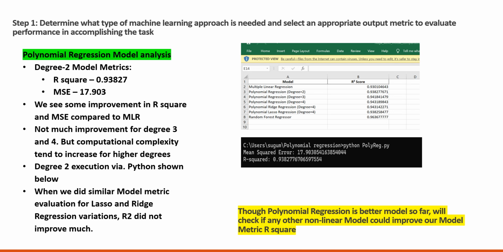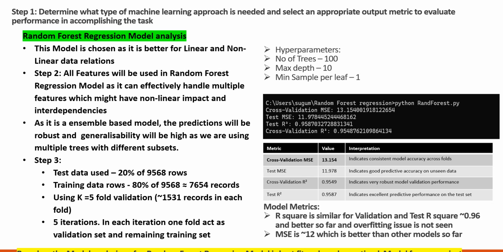If you analyze along those lines, we find that one of the algorithms that can be used suitably for both linear and nonlinear problems would be the random forest regression model. And forecasting problems with many variables can be effectively solved by this algorithm, or I would say predicted using this algorithm.